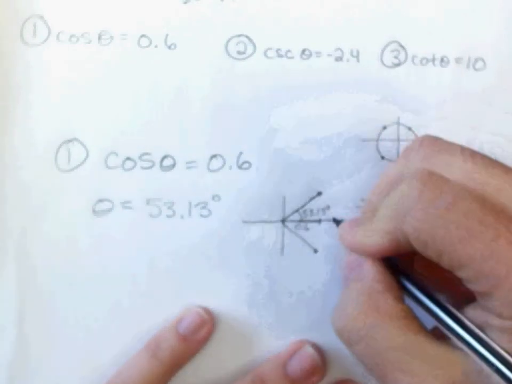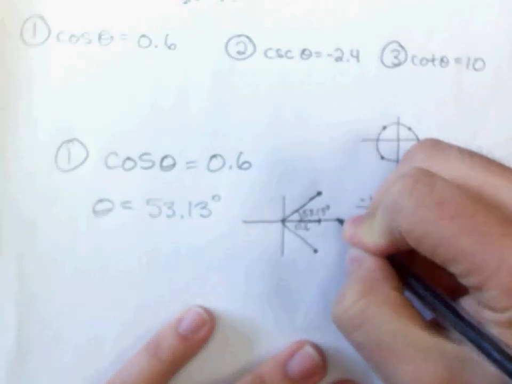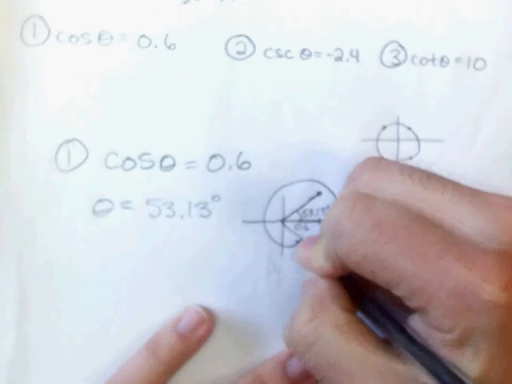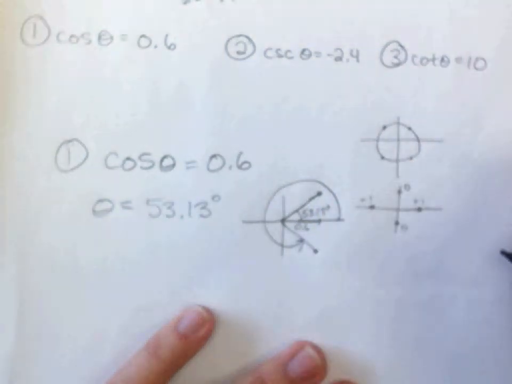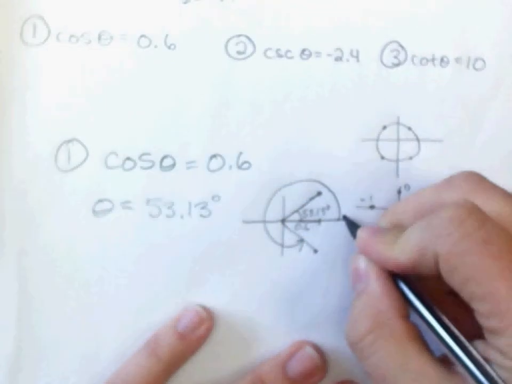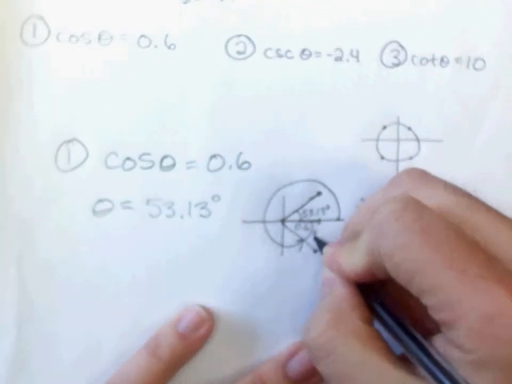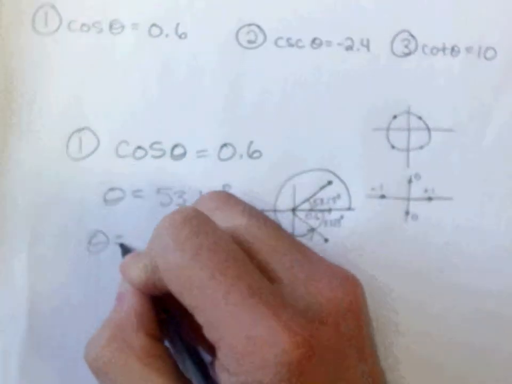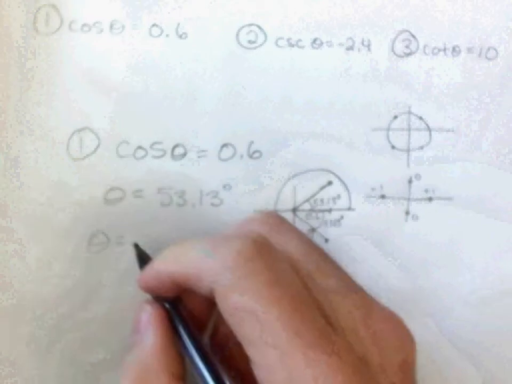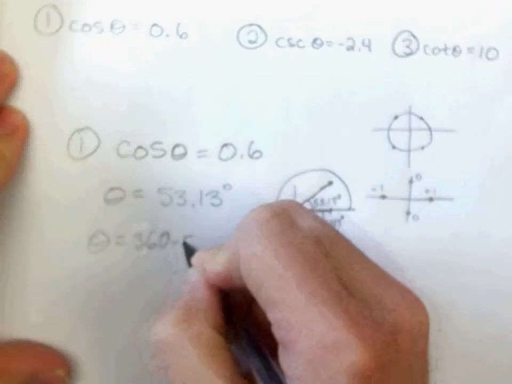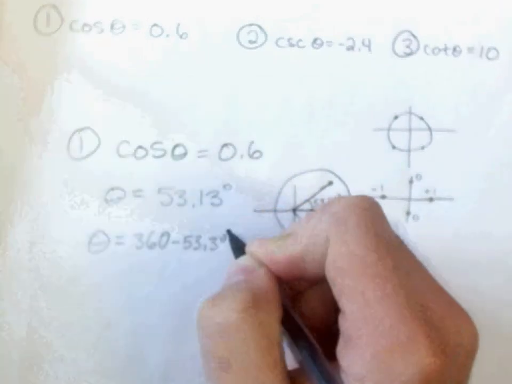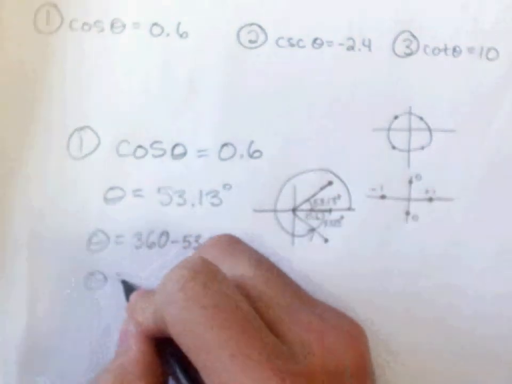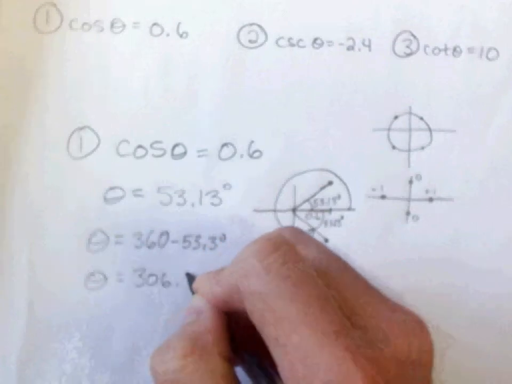To find that angle, we need to start here and measure all the way around to the terminal side in the fourth quadrant, which the whole thing would be 360 degrees. This is 53.13 degrees, which means our second theta is going to be 360 minus 53.13 degrees, which is going to give me 306.87 degrees.